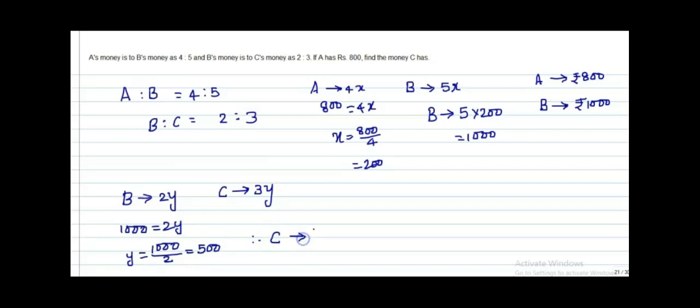C has 3 into y, which is 3 into 500, or 1500 rupees. So we have found that C has 1500 rupees with him. Now we move on to the next question.